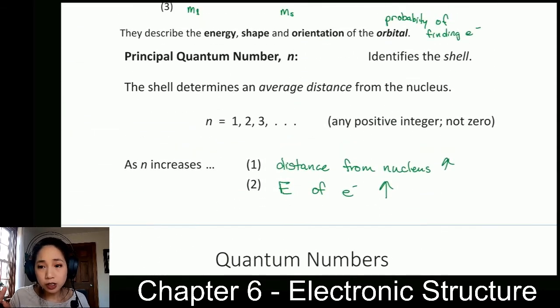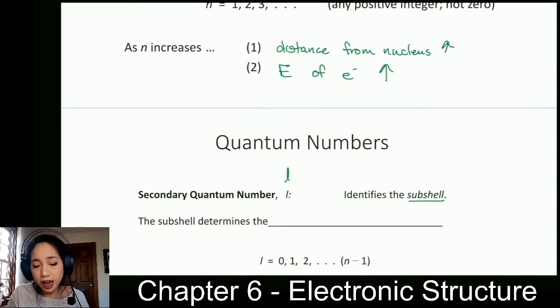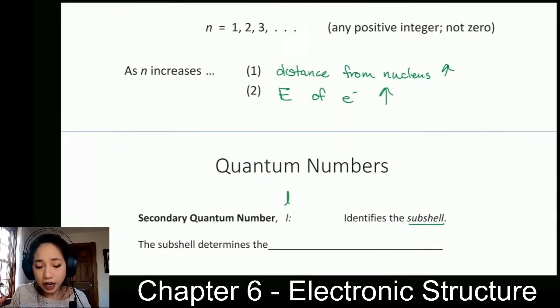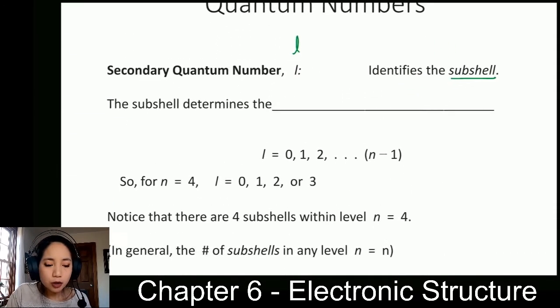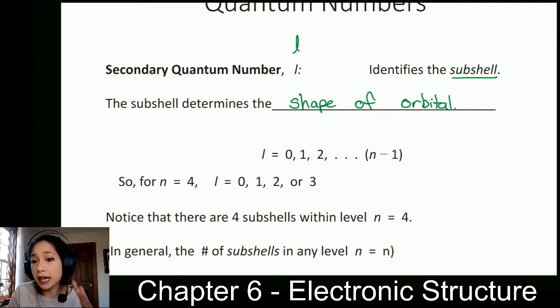N is our principal, the big overarching number. And a subset of that is our L, our secondary quantum number. So this identifies the subshell. N identifies the shell. L is our subshell. So the subshell determines the shape of our orbital, or you can just think of it as the probability map of finding an electron.